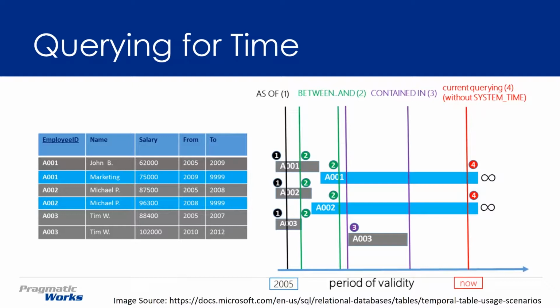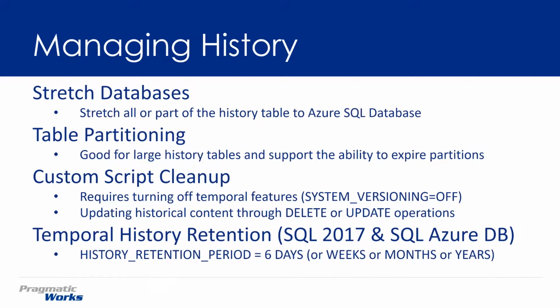BETWEEN AND will pick up anything that has a start or end date within the range. And once again, CONTAINED IN, like we were talking about before, is wholly contained within that space, so that purple record has to begin and end within the context of the range. And then current queries anything that exists now. You'll see it talk about infinity, and basically they put a 12/31/9999 date on there.